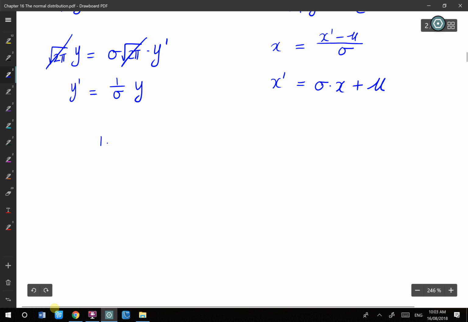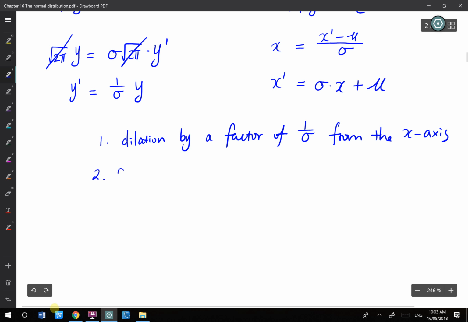So I can say first, dilation by a factor of 1 over sigma from the x-axis, and dilation by a factor of sigma from the y-axis.